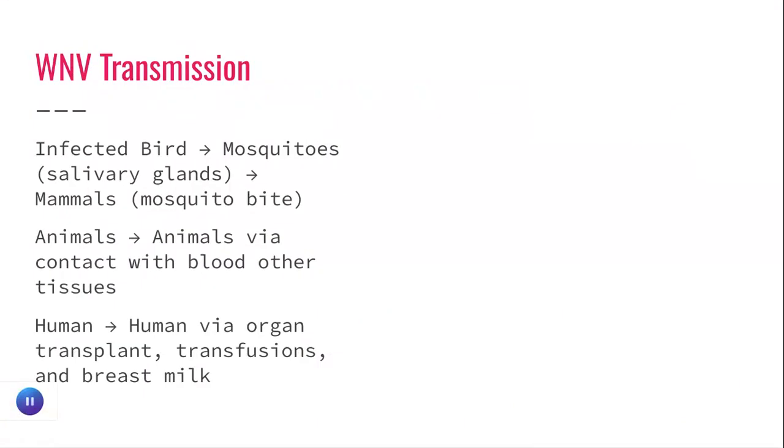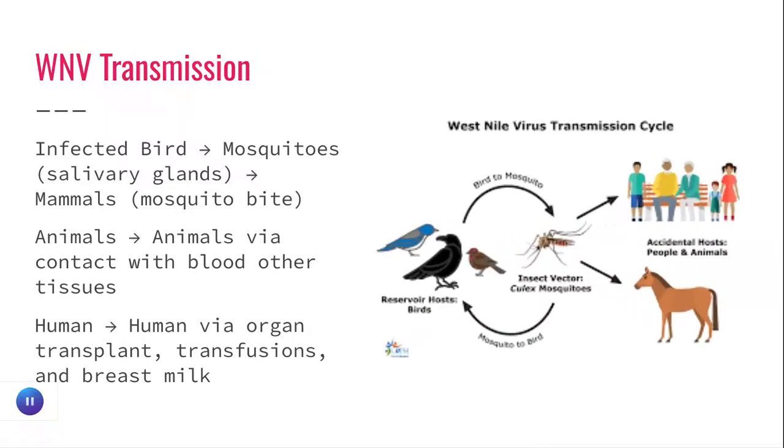For transmission, it starts either with an infected mosquito or an infected bird, but either way, its vector is mosquito, so the mosquito would then transfer the virus to the host, which are either the birds or the people, animals, humans, via the salivary glands of the mosquitoes.